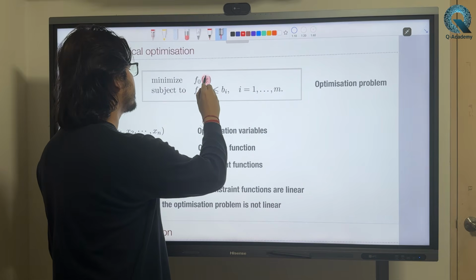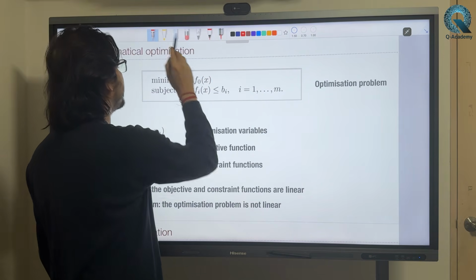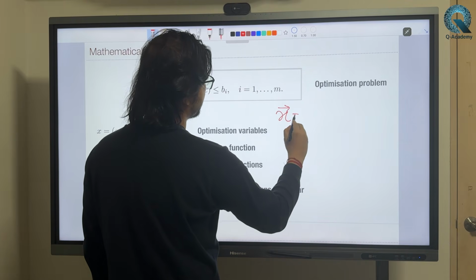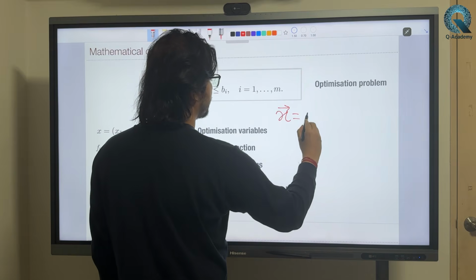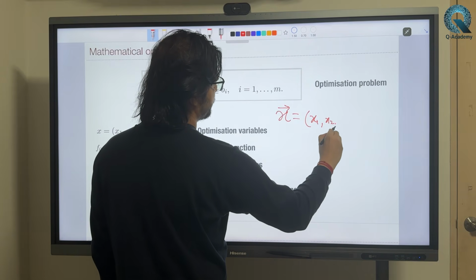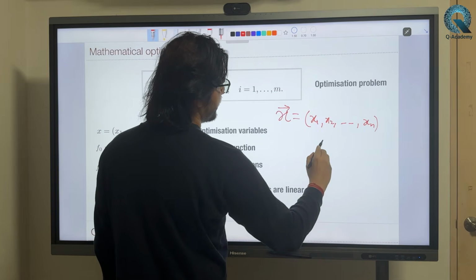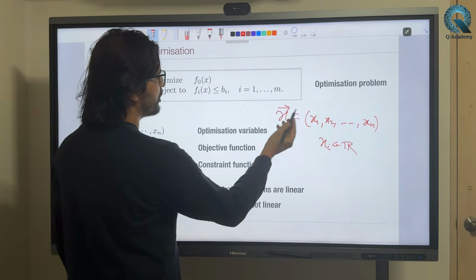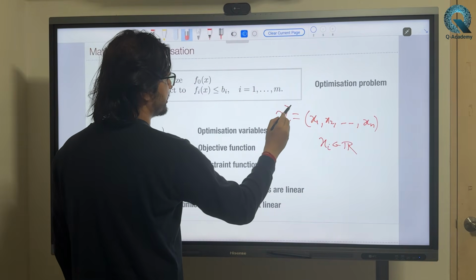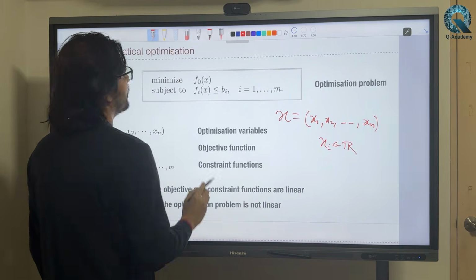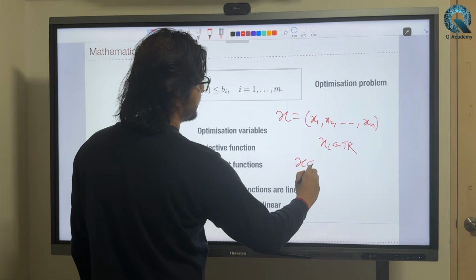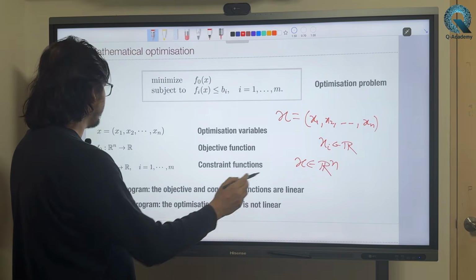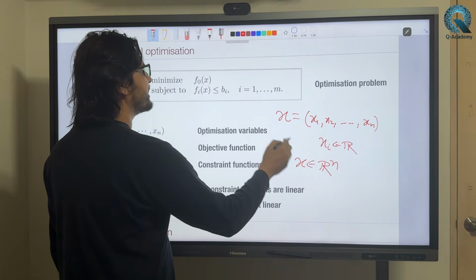You see that you have this x, which can be a variable vector, x1, x2 up to xn, and each of the xi belongs to R. So overall this x belongs to Rn.